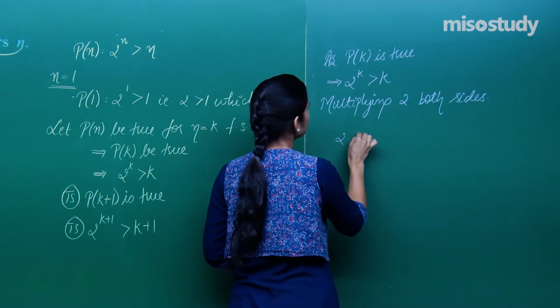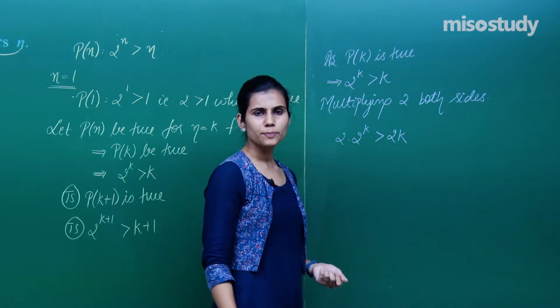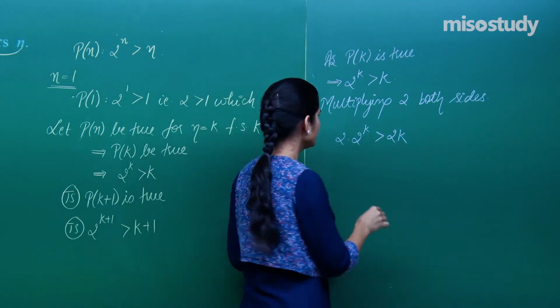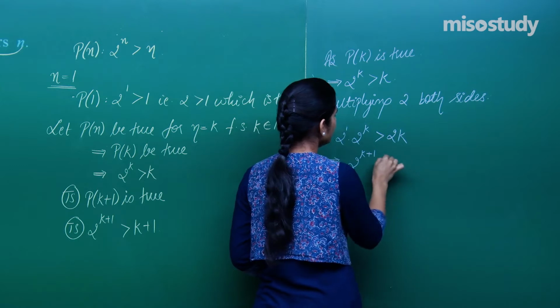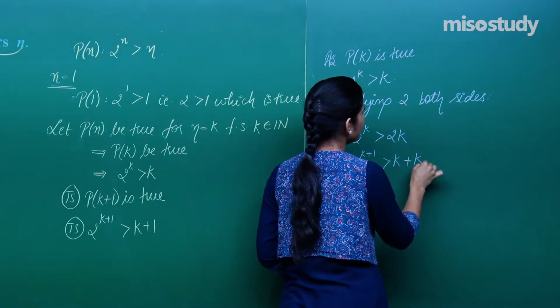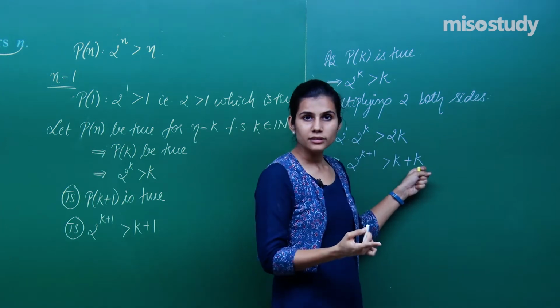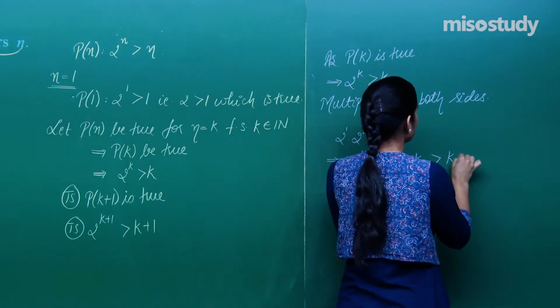You get 2 into 2 to the power k is greater than 2k. 2 is a positive number. When you multiply on both sides of the inequality, the inequality doesn't change. This means 2 to the power k plus 1 is greater than k plus k. But k is a natural number. K is always greater than or equal to 1.